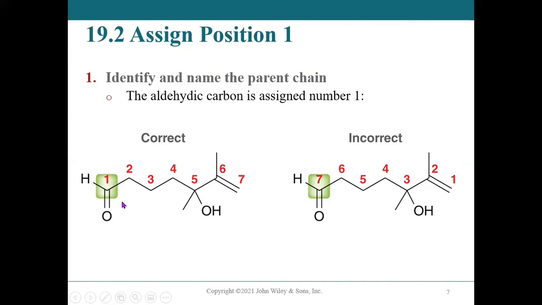Therefore, when we number the carbons, we will use 1 on this side. So 1, 2, 3, 4, 5, 6, 7. That's the longest chain. And then we will give the locants for all the substituents.